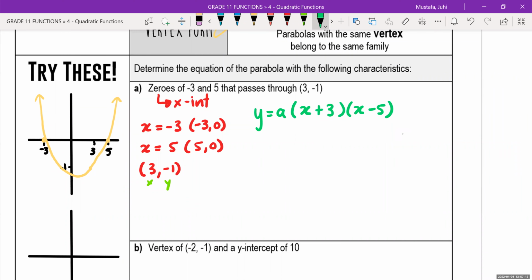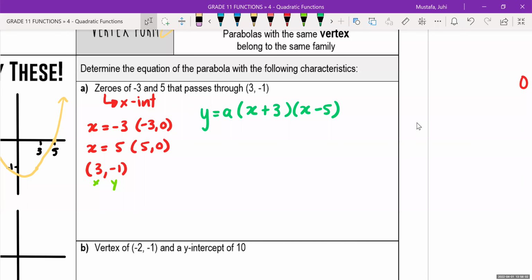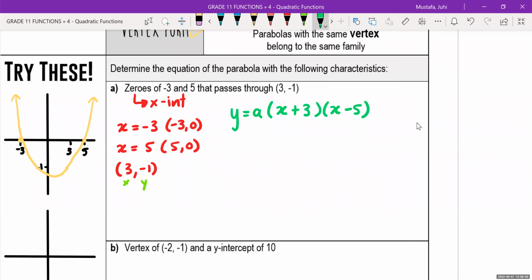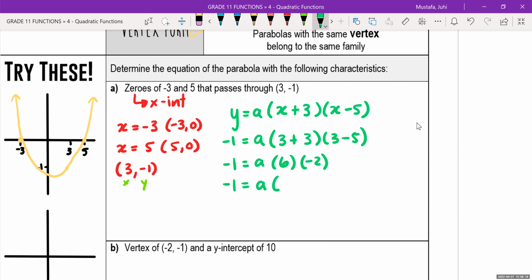So y is -1, a is what we're trying to solve, and x is 3. You go all the way until you have an answer. So 6 and -2. This is -12. And so our a value is going to equal 1/12.